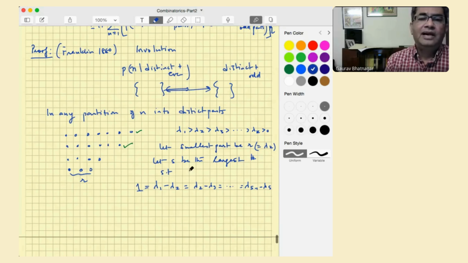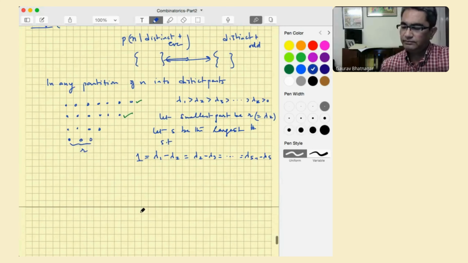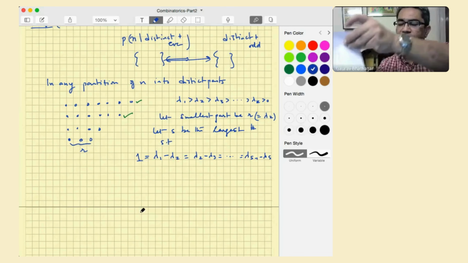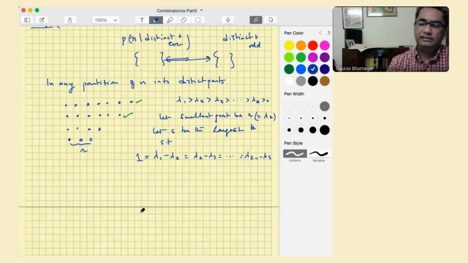So the largest s such that this happens. In this case, s is equal to 2, so lambda 1 minus lambda 2 is 2. Is it clear what these two guys are? So definitions are clear.